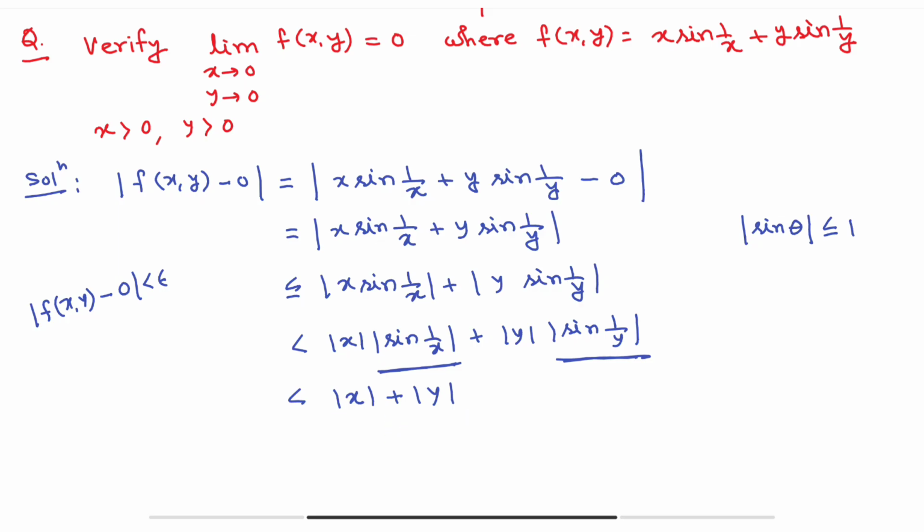So if I choose that modulus of x is less than epsilon by 2, that means I am saying modulus of x is less than epsilon by 2, and modulus of y is less than epsilon by 2. So obviously we can write this is epsilon by 2 plus epsilon by 2, so this is less than epsilon. Clear? And this epsilon by 2 is nothing but our delta.